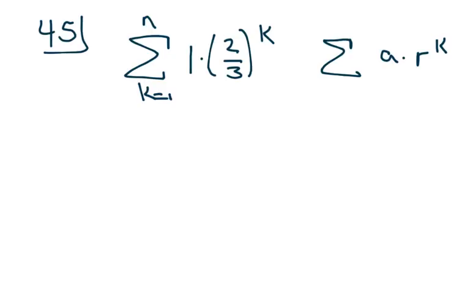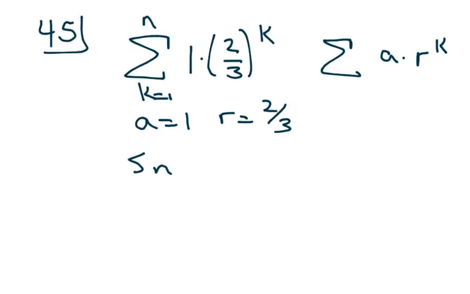So basically, what do we have to do? We have to find the sum. So on 45, I'm going to notice that my a is 1, my r equals 2/3, and you're just going to find the sum for it.